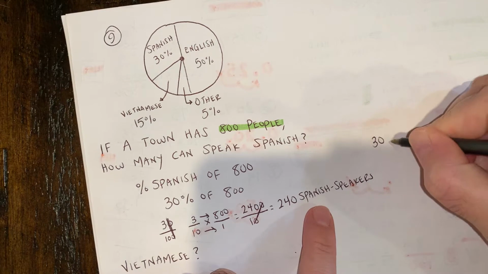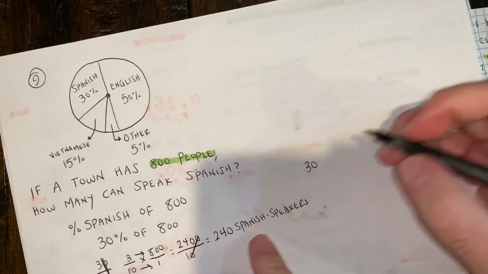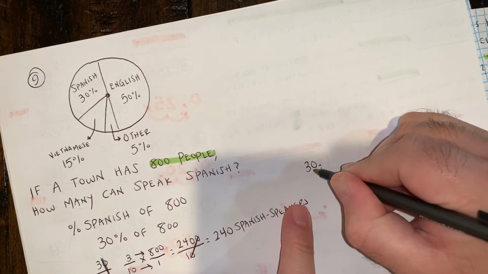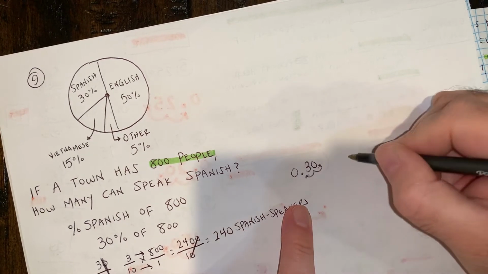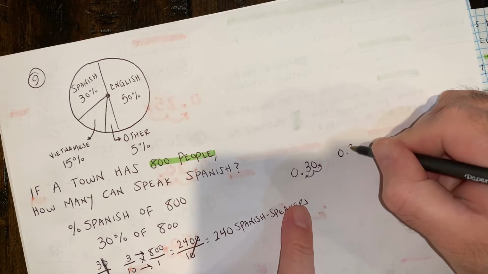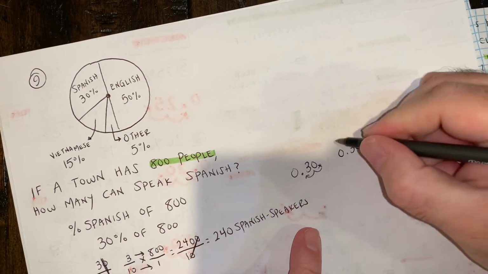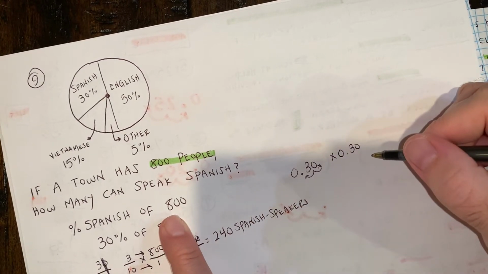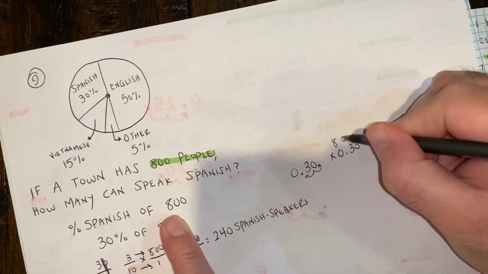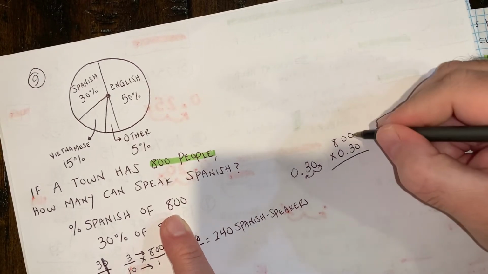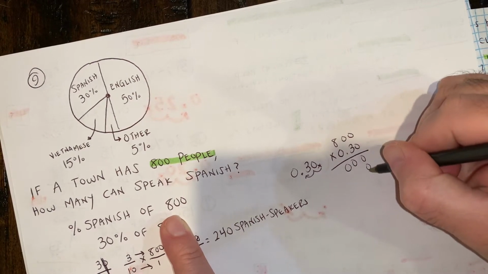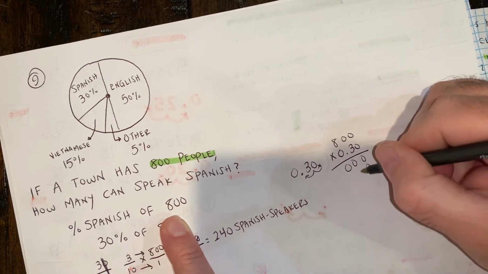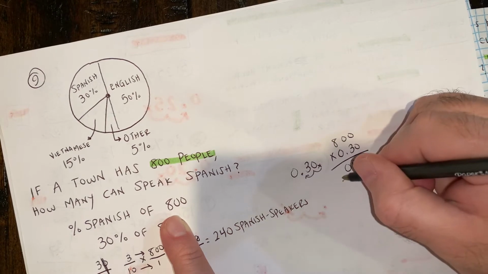If you like doing it as a decimal, you're just going to grab the percent and slide your decimal twice. So you basically have 0.30, and you're going to multiply that by the number, which was 800. So that's going to be 0, 0, 0. You go down a level, 0, 0, 24.